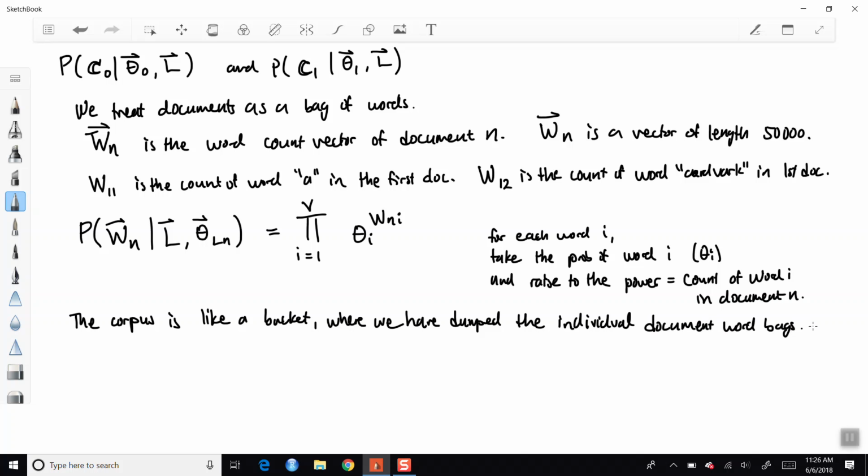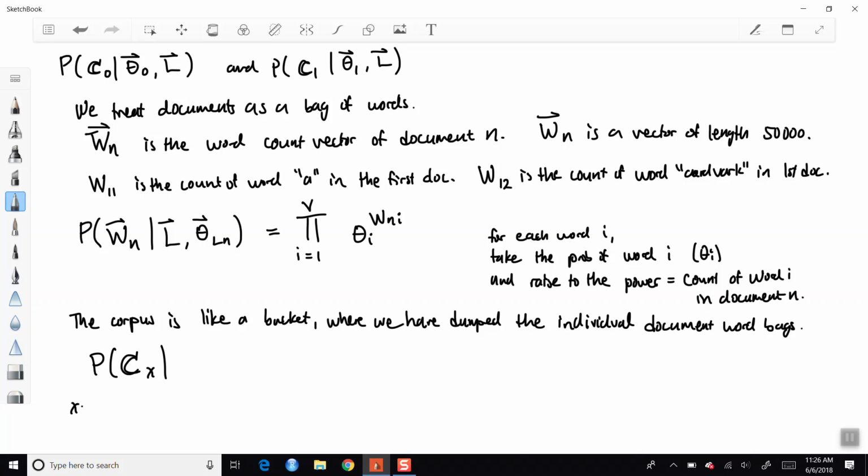Now you just have a bucket of a bunch of words, and you'll have a vector that is the sum of the word counts. The probability of the corpus: we're going to call this corpus X, where X is either 0 or 1.